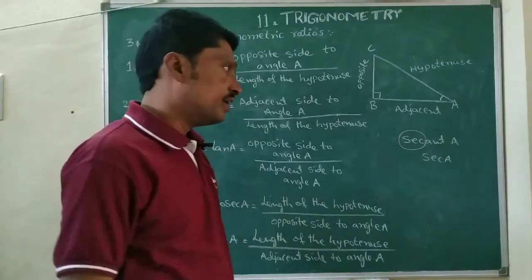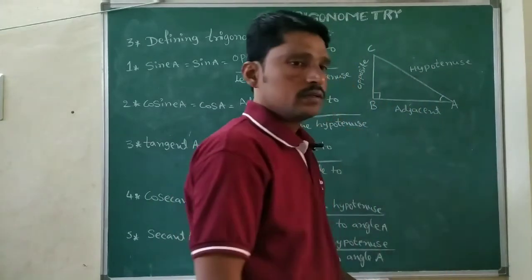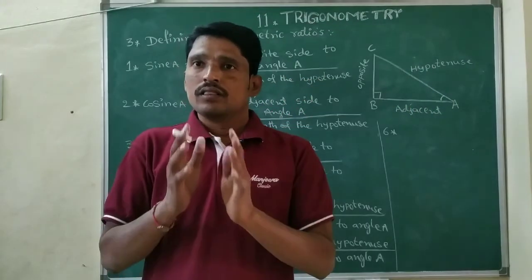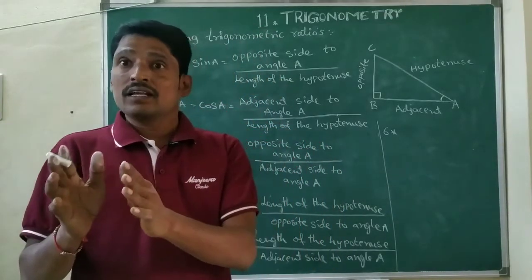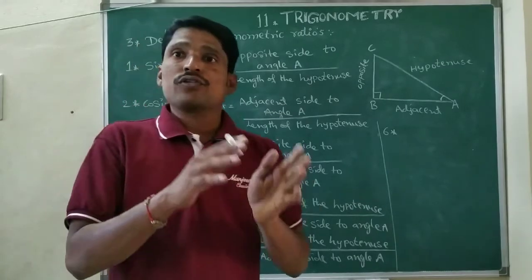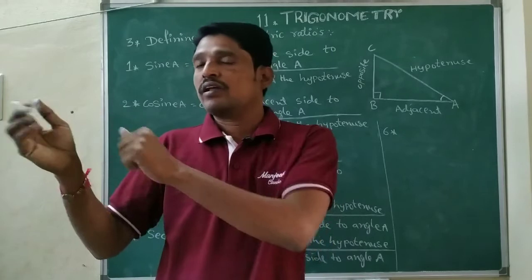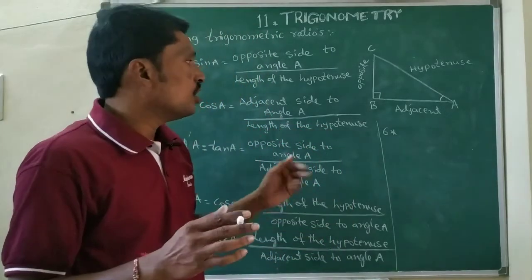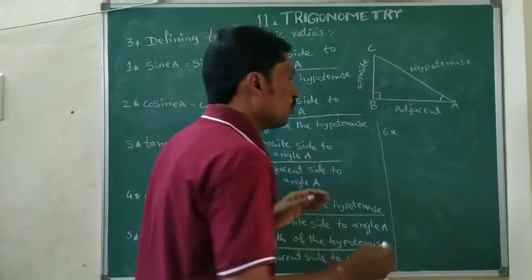Last one, the sixth one: the ratio of the adjacent side of an angle and the opposite side of an angle is constant in all similar right triangles. Then the ratio will be named as cotangent A.